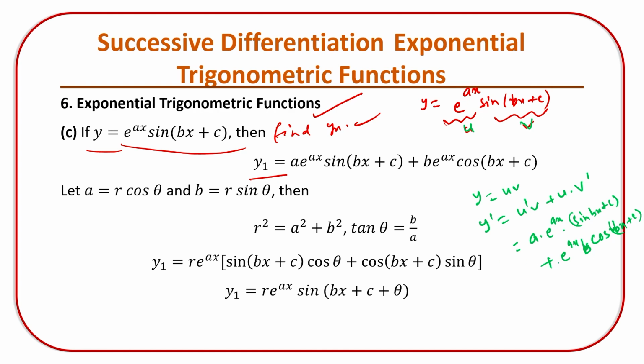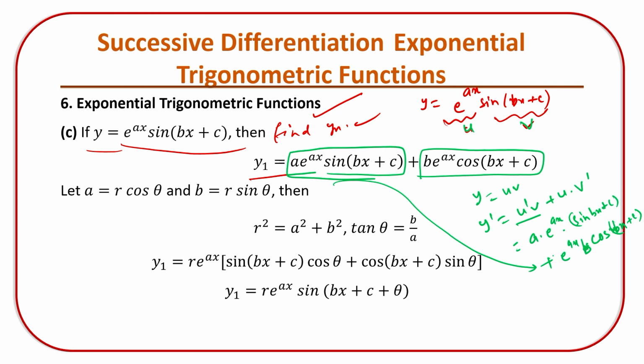So using all those things, they can accumulate here. So here you have a e^(ax) sin(bx+c), the first term, and then b e^(ax) cos(bx+c), that means this term, right? Is it okay? So now we have seen that y1 equals this.